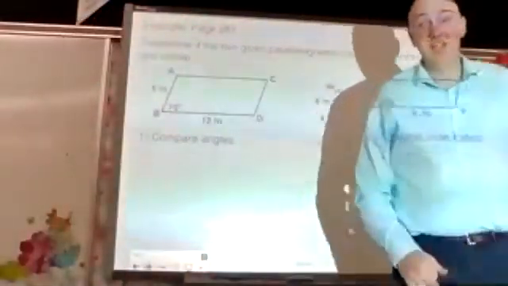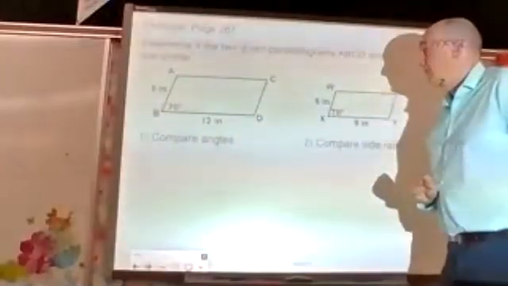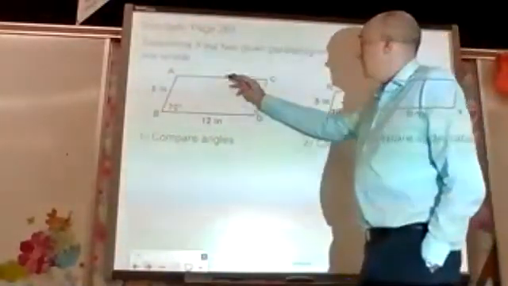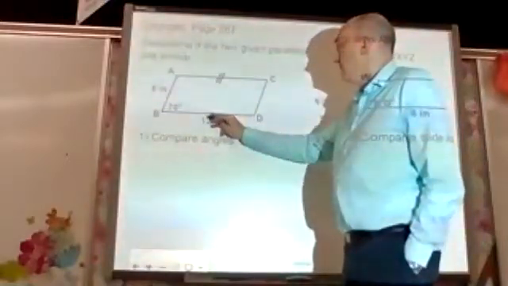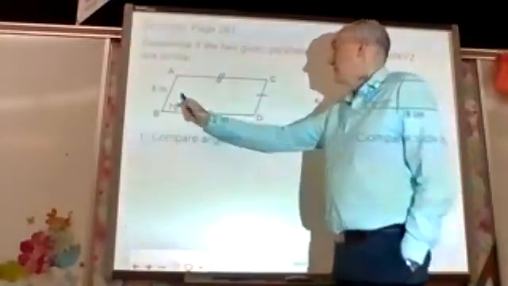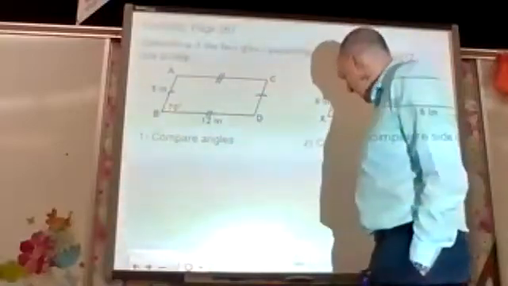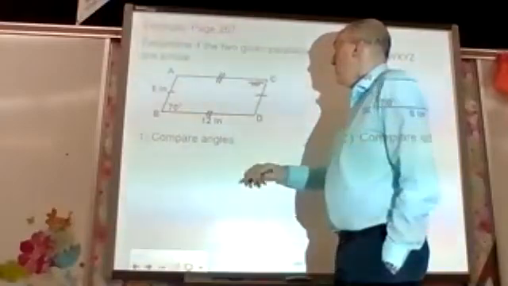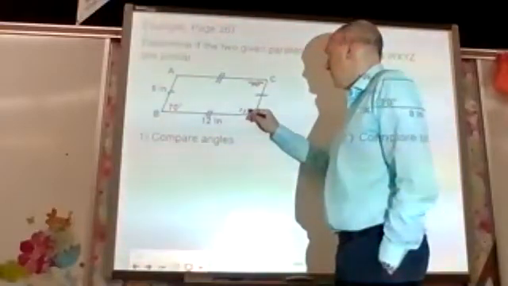Example page 267, we've got a couple of parallelograms. In parallelograms, remember, this is the same length as this, and this is the same length as this. Similarly, this is also 70 degrees, and these are both going to be 110.